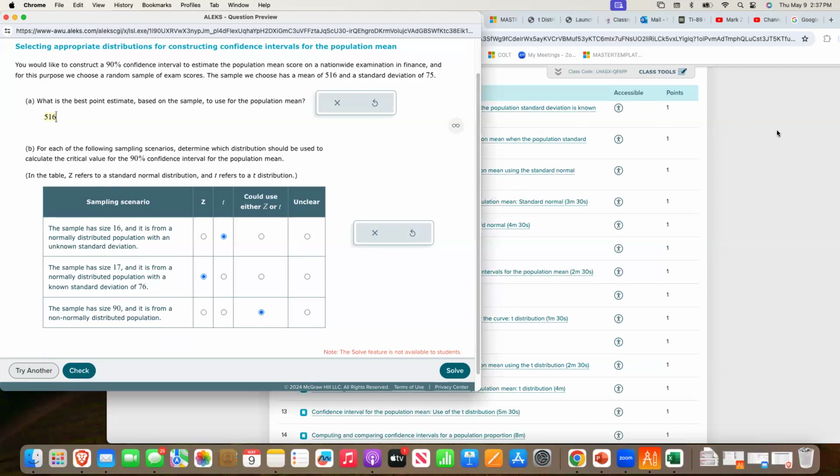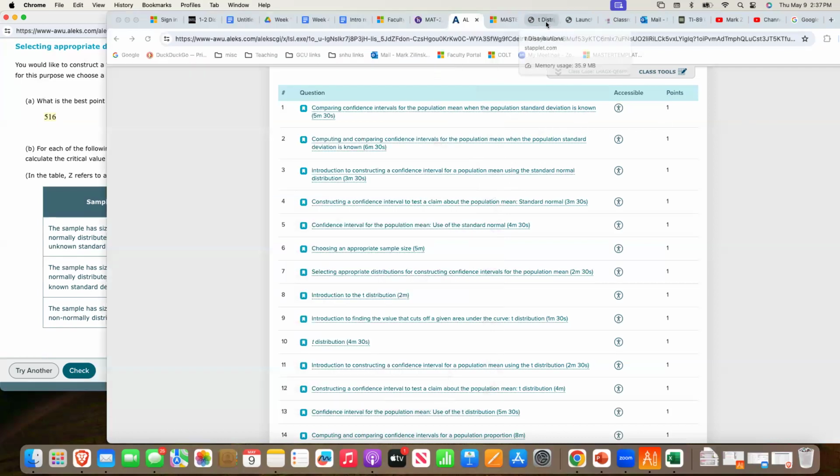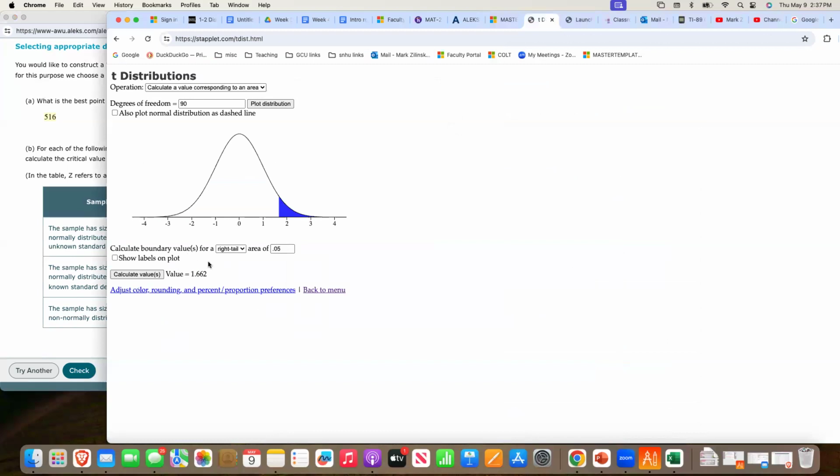Maybe I'll illustrate that with this T distribution. For instance, if I go to the right with 90 degrees of freedom and a tail area of 0.05, we get 1.662, so let's remember that.